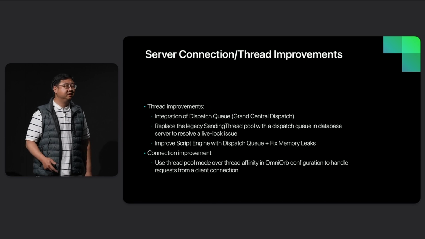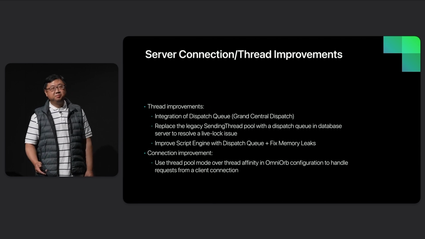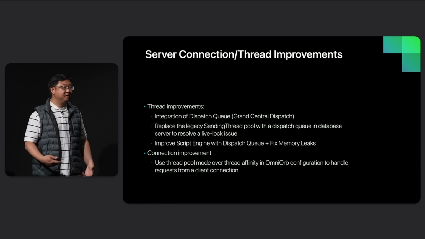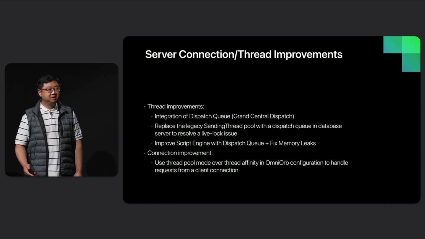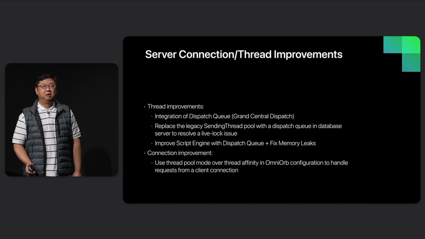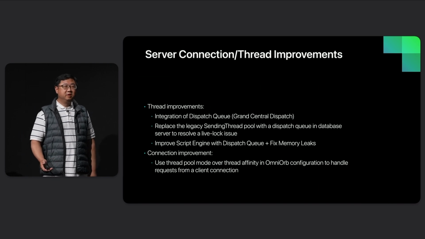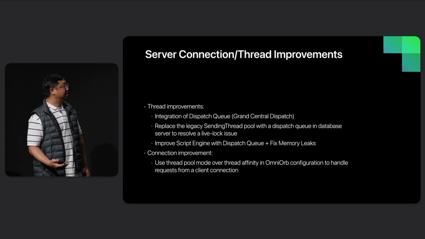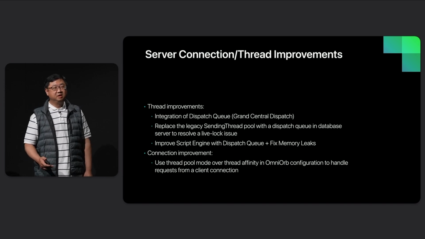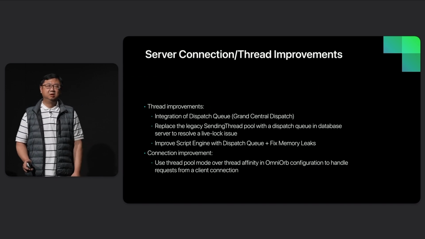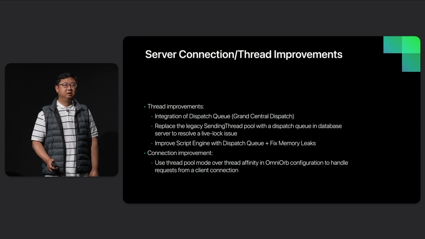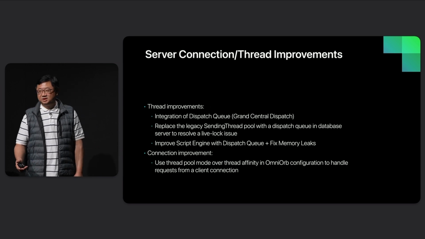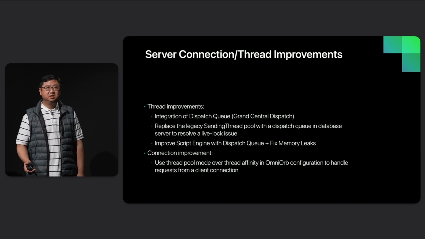The dispatch queue is a low-level implementation of thread management data structure developed by Apple for task executions. Some of you might be familiar with Grand Central Dispatch, also known as GCD, which is also built on top of the dispatch queue. The dispatch queue has native support on iOS and macOS.